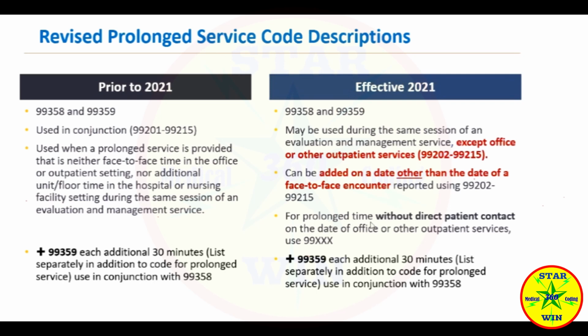For prolonged time without direct patient contact on the date of the office or other outpatient service, we can use 99XXX, which is 99417. So we are no longer using 99358 or 99359 with office visit codes. 99359 is an add-on code for this particular set of codes.